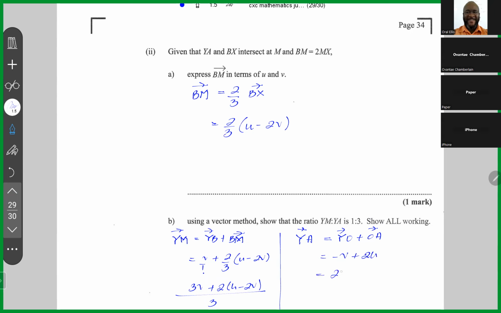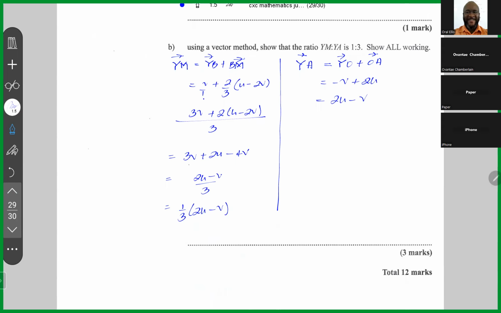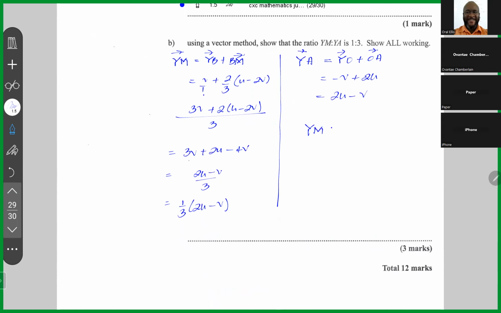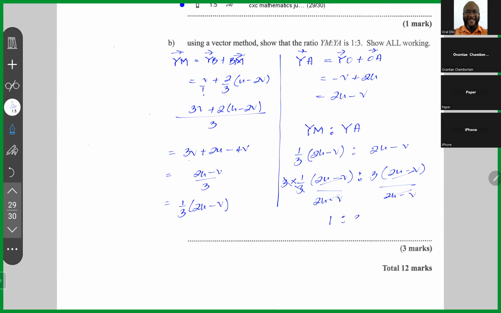Put in the positive first, we have 2U minus V. So YM to YA would be 1/3 of 2U minus V to 2U minus V. If I multiply both sides by 3, I'm going to get 2U minus V to 3 times 2U minus V. Now, if I divide both sides by 2U minus V, I'm going to end up with 1 to 3.